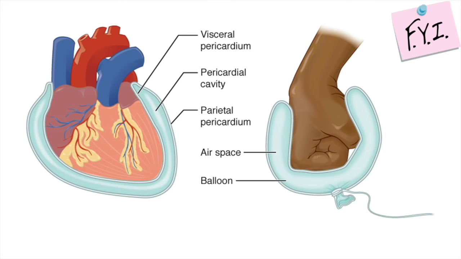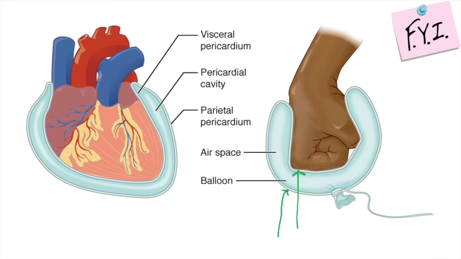So as I'm apt to do, I have a balloon analogy here for you. So if you were to take your fist and put it into a balloon, this is going to kind of represent those different serous layers of the pericardium. So you'll have your innermost layer adhering directly to the heart, the visceral serous pericardium, and then you'll have the outer layer of your serous pericardium, the parietal serous pericardium.